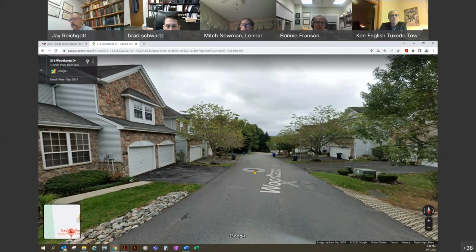And so then you have the Tuxedo Farms design concept, but I think that Lennar is somewhere in between, not this at Woodlands, but no longer the Tuxedo Farms of yesterday. So I think we're somewhere in the middle.